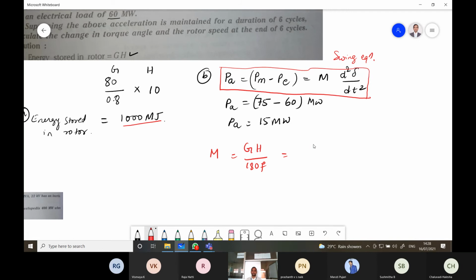This is 1000, divided by 180 into frequency, which is 50 Hz, given in the problem. So calculate it. What is the value of M? 0.11, sir. 0.11 megajoule second per electrical degree.